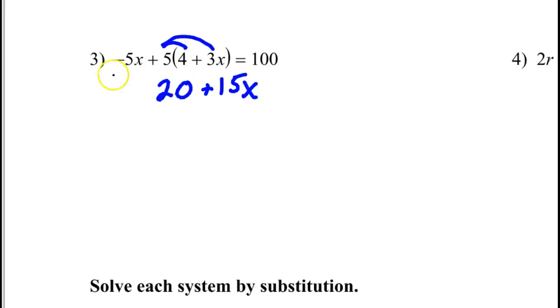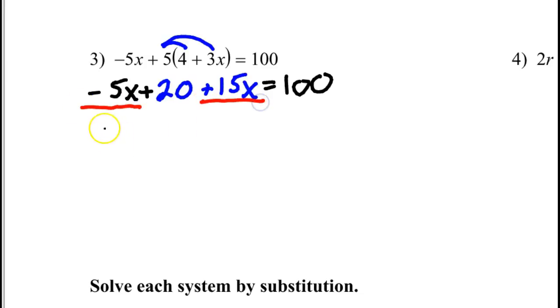Bring down everything else. Negative 5x equals 100. This time the variables are not next to each other. There's a negative 5 here and a positive 15 here. So you get 15 minus 5, which is 10. Bring down everything else, the plus 20, and equals 100.